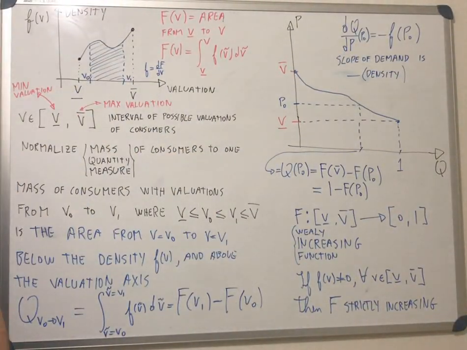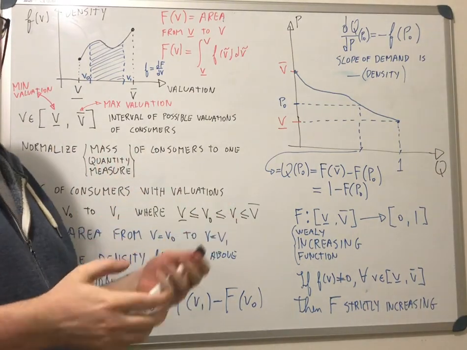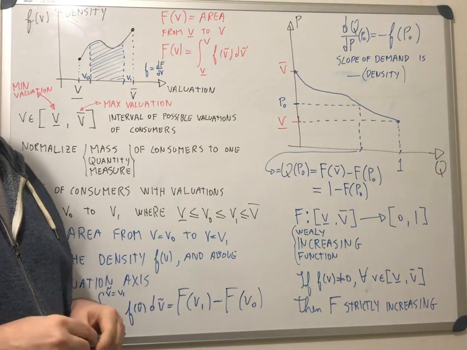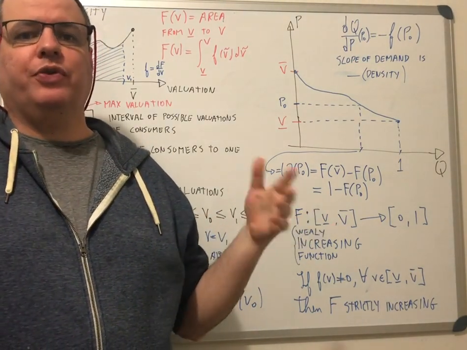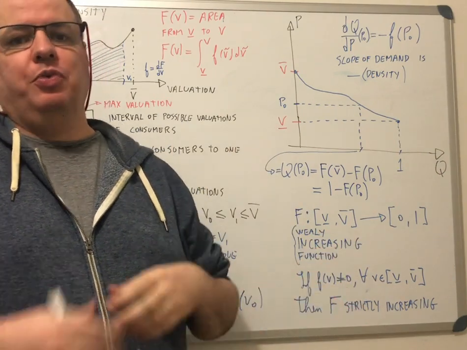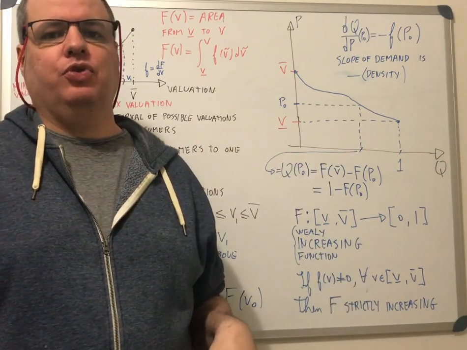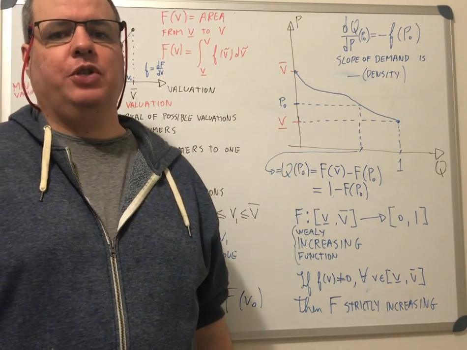So let's talk about something very important: how to translate the demand of a population of consumers, a continuum of consumers with different valuations. Suppose you have a lot of consumers; we're going to use a continuous number of consumers.